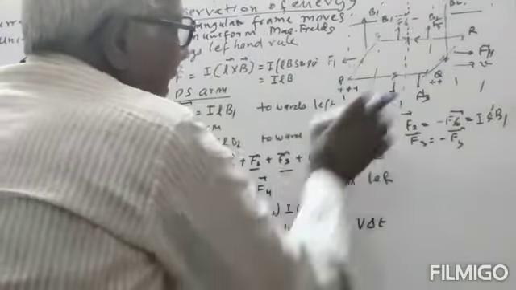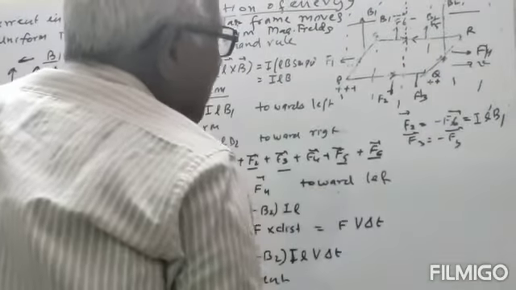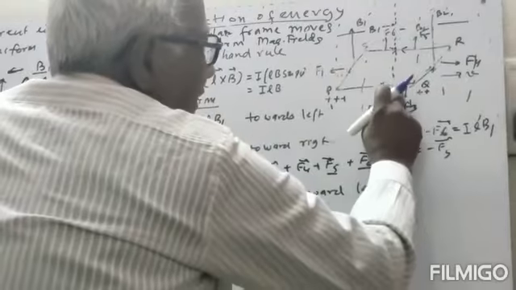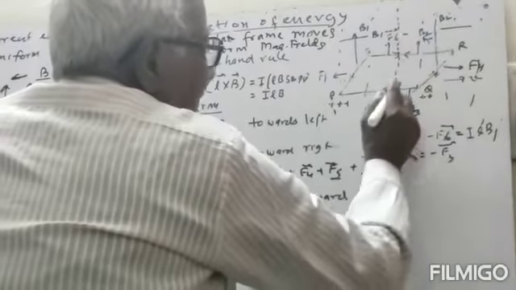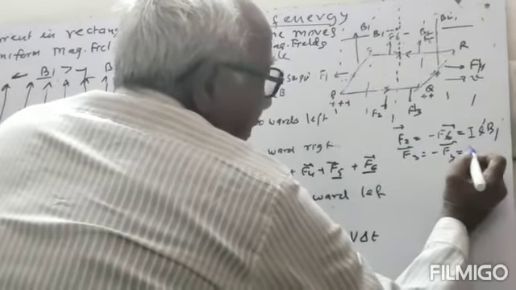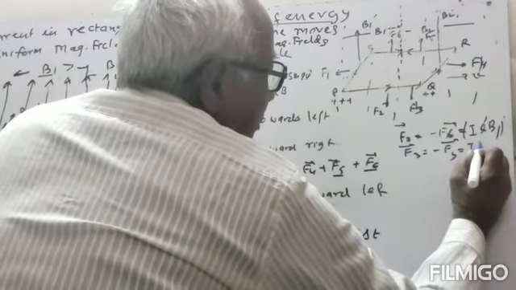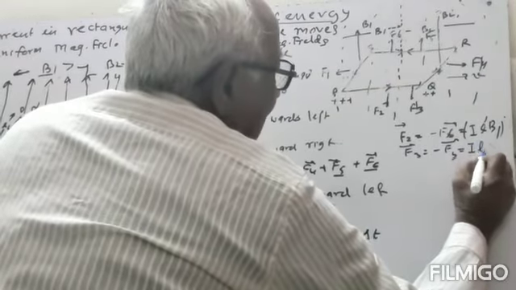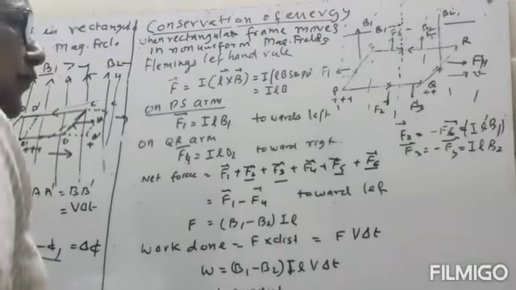Similarly, for the second half part of PQ, there will be forces F3 and F5. The current is in opposite directions, so the forces will be in opposite directions, and the magnitude of this force will be equal to I into L dash into B2.